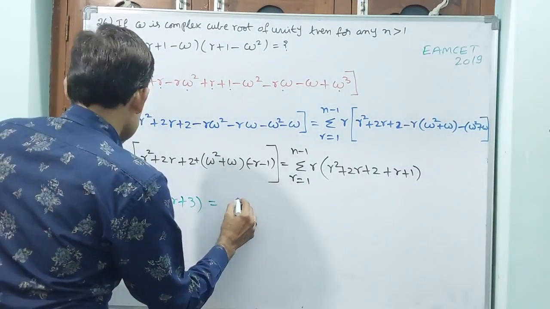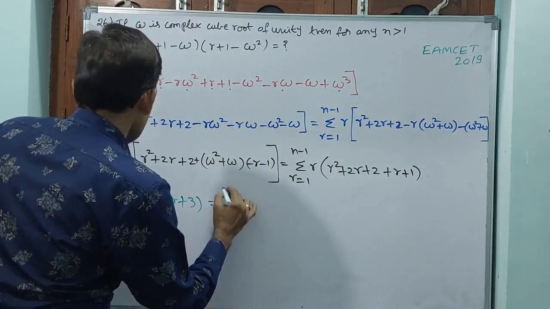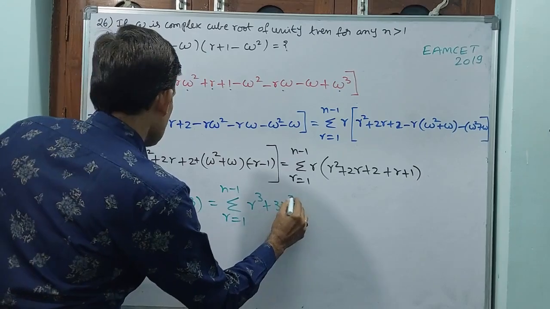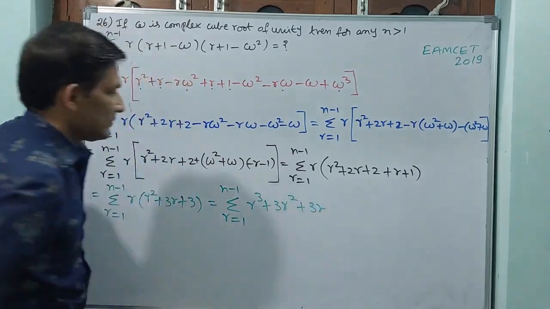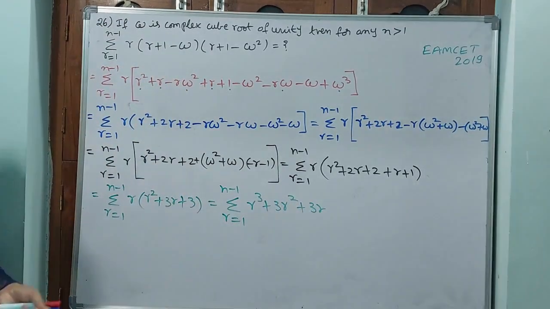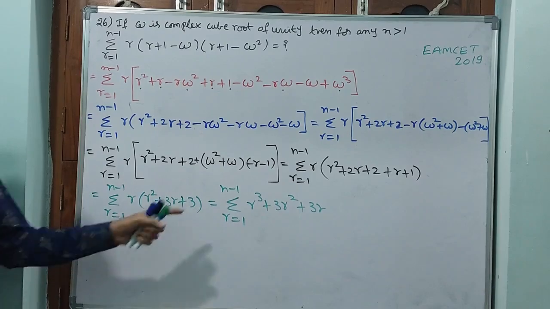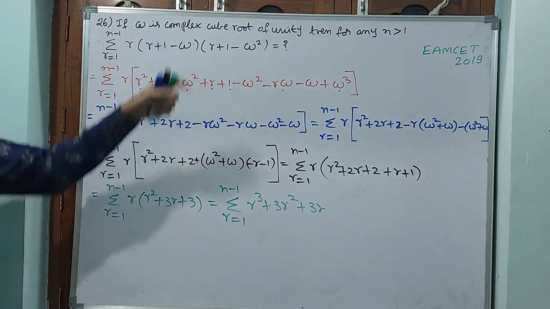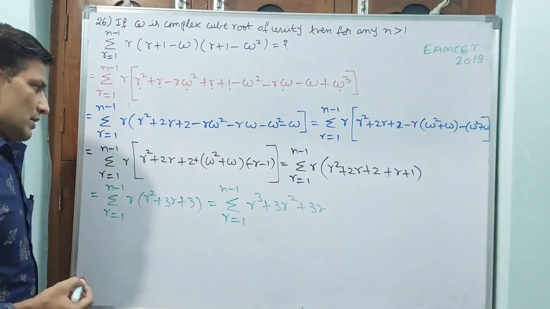Let us send it: sigma r is equal to 1 to n minus 1, r cube plus 3r square plus 3r. This is final. Now you have to apply the formula, then you are going to get the answer. Let me apply the formula. If not enough, then I am going to remove the question. I think with removal of the question we are able to make this.